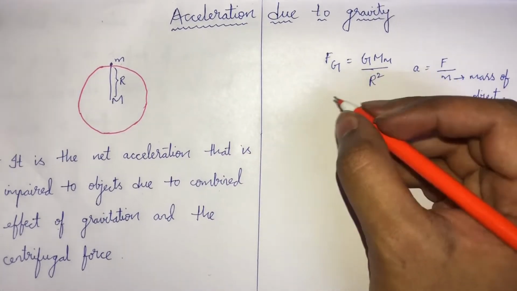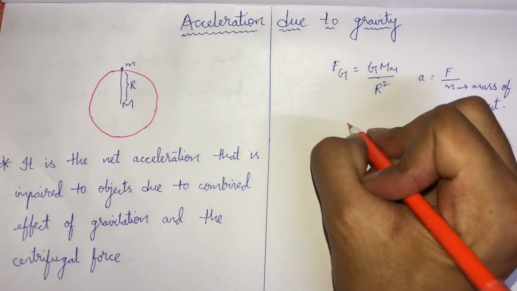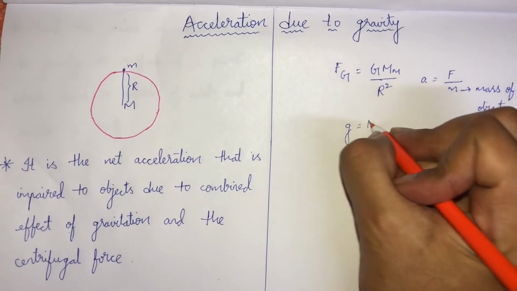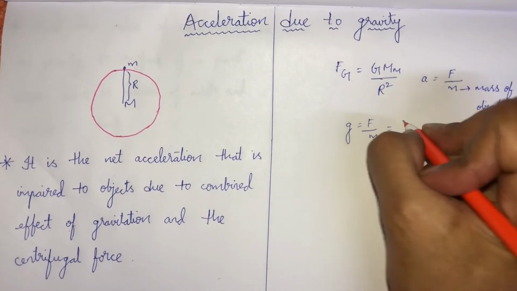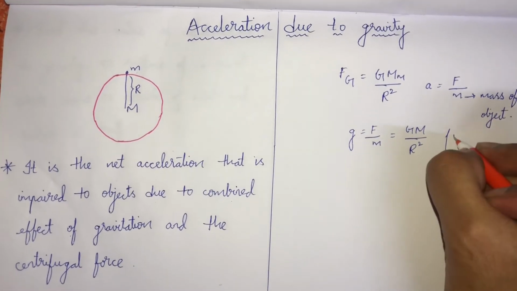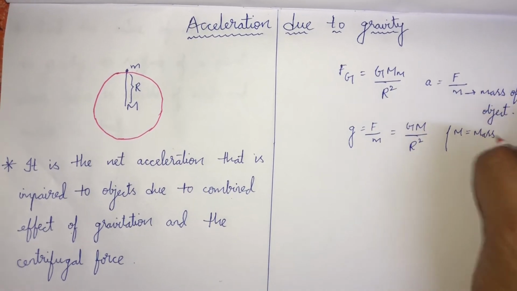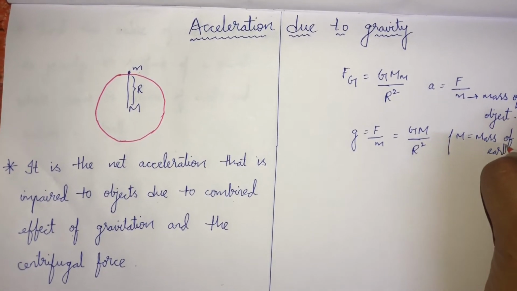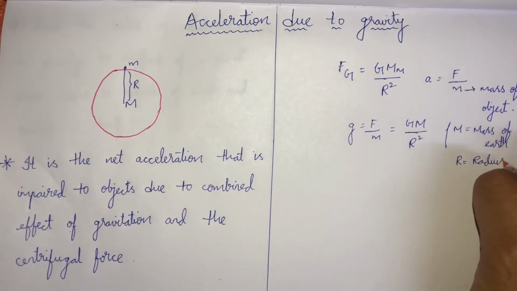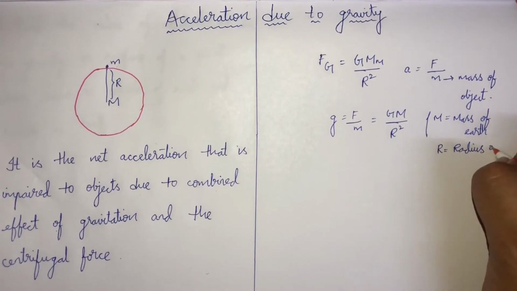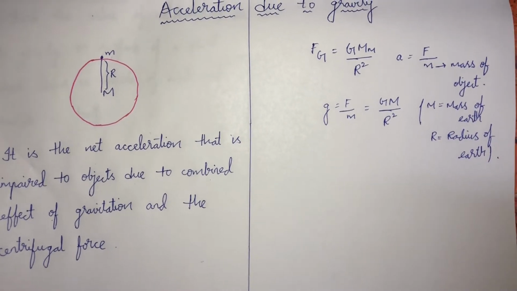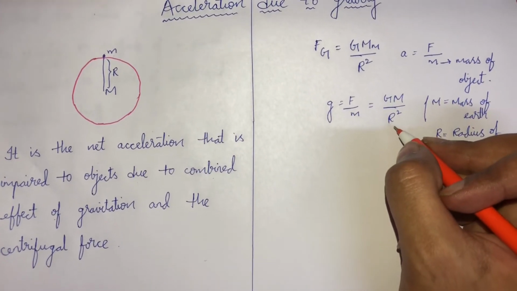Then acceleration due to gravity, g, will be equal to F by m, which is equal to GM by r square, where capital M is the mass of the earth and r is the radius when the object is placed over the earth. Finally, acceleration due to gravity, g, is equal to GM by r square.